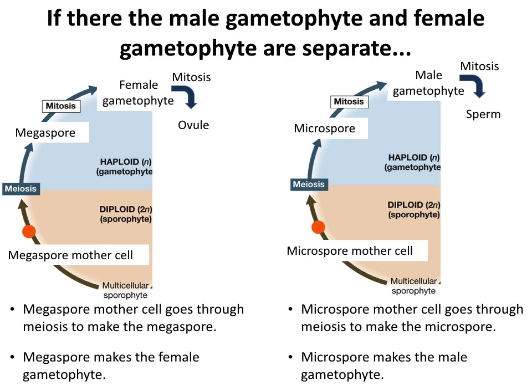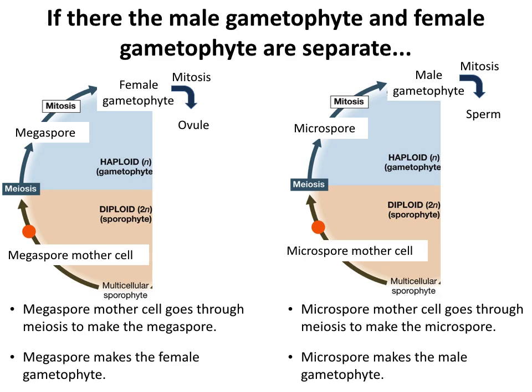So when you see the term microspore mother cell, what we're saying is this is the cell that's going to go through meiosis to produce the structure called the microspore. So you can ignore the fact that mother has female connotations here, and instead think about the fact that the mother cell is something that goes through meiosis. So within the multicellular sporophyte, you have a microspore mother cell.